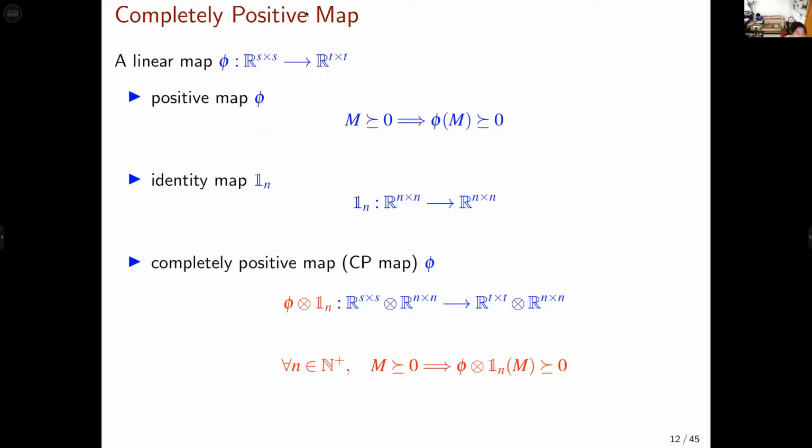And we use the symbol 1_n to denote the identity map, which maps a matrix to itself. And then we define the completely positive map, or CP map, phi. For all positive natural numbers n, phi tensor the identity map is a positive map. So we call phi completely positive.